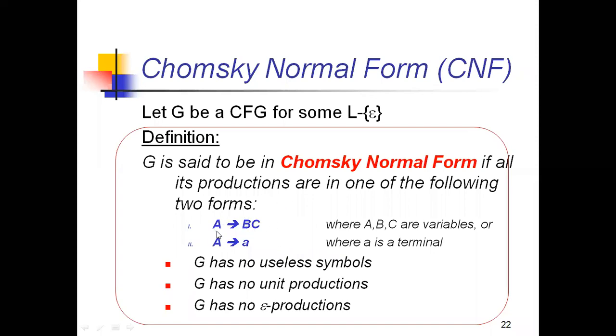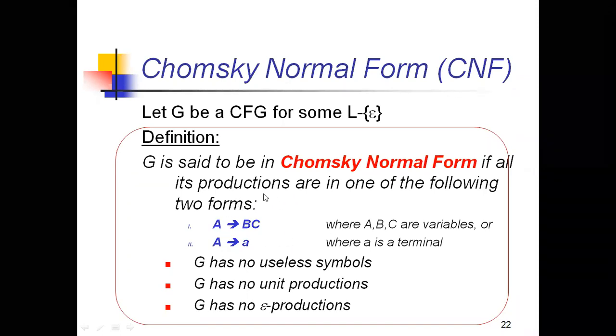So at most two variables should be on the right hand side of the variable, or only one terminal. We need to get the given context free grammar into this form, that means into this production. This is the syntax that we need to use whenever we convert the grammar into the Chomsky normal form.